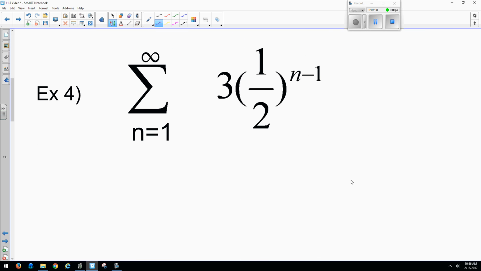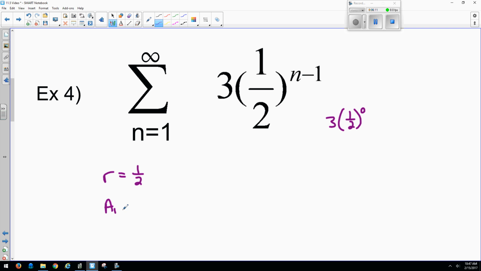This is just another way of asking the same type of question. It still wants the sum of the series. Remember the summation notation here, sigma. We can see that our common ratio is 1/2. For our first term, if we plug in 1 for n, we get 3 times 1/2 to the 1 minus 1 power, or to the 0 power.